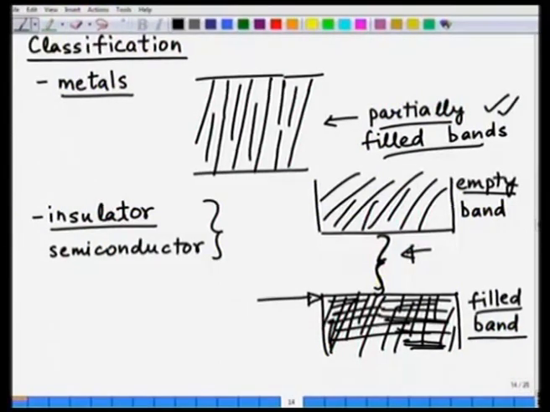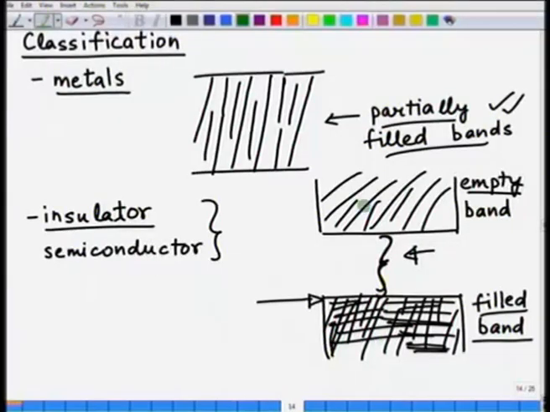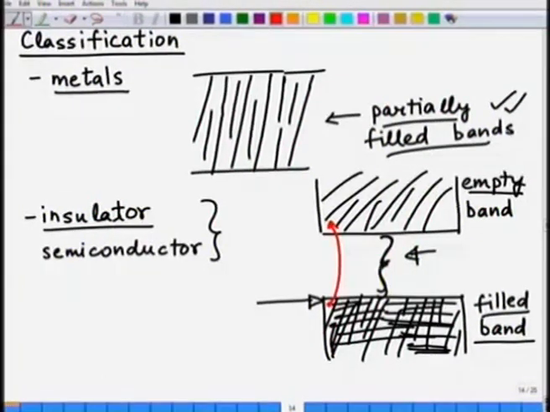Consequence of that is that this material cannot conduct, it is an insulator, and I need to explain that to you when I explain conductivity. But I am just classifying the materials and telling you the features, and you will see that because of these features certain materials will be insulators, certain materials will be semiconductors, and certain materials will be metals. If at some high temperatures some electrons are able to jump from here to here, then this band becomes slightly partially empty, because some electrons have left, so it is not a completely filled band.